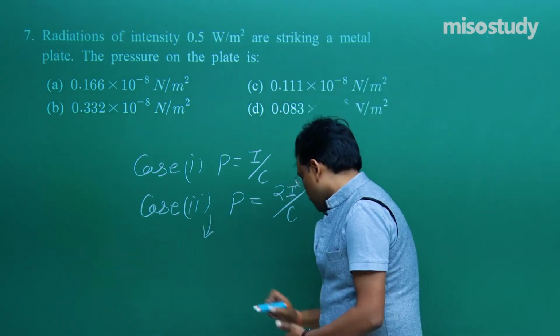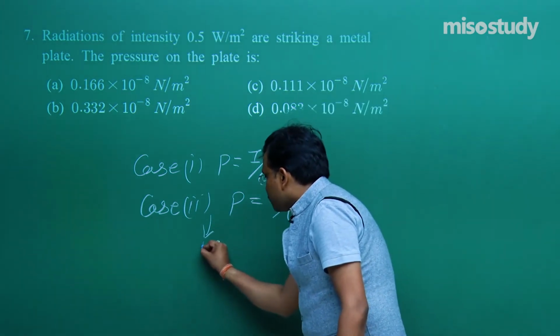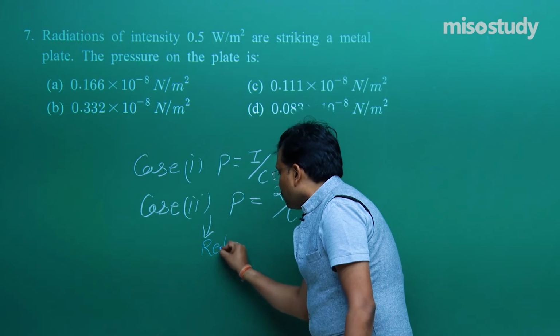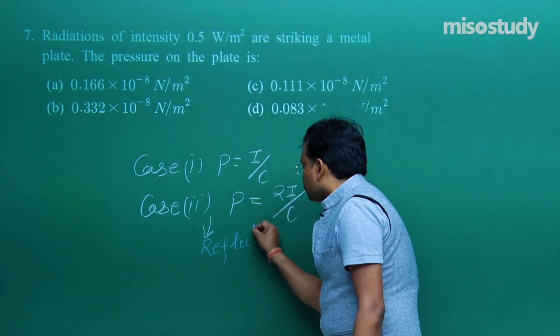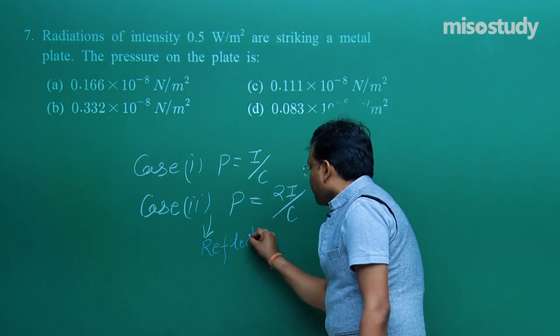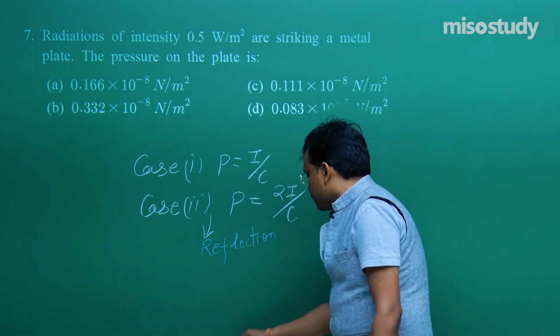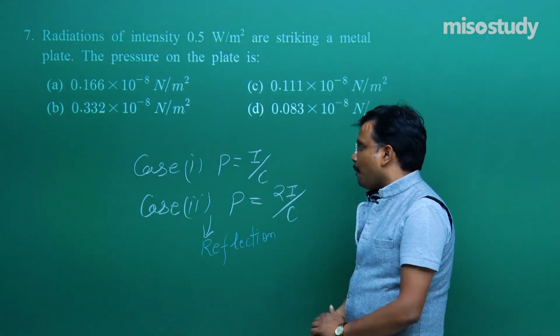Because here reflection is taking place. So if reflection is taking place, this is the formula.